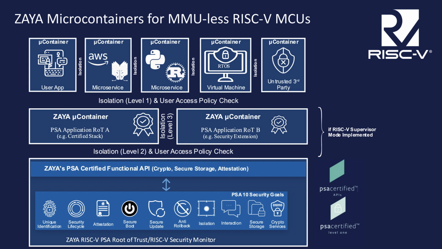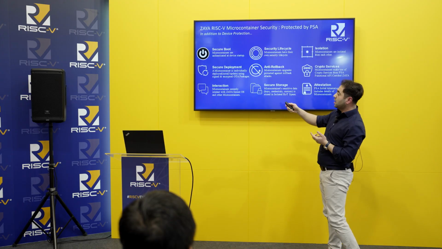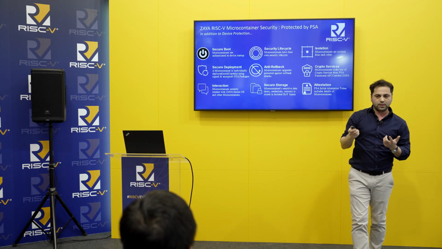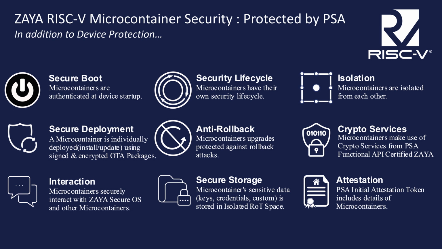For example, for payment systems, EMV stacks, as an example. Actually, we protect the whole device using the PSA security requirements, but we also protect microcontainers using the PSA requirements. So it is more than classical containers. They are secure containers. You can find these details in the brochures.